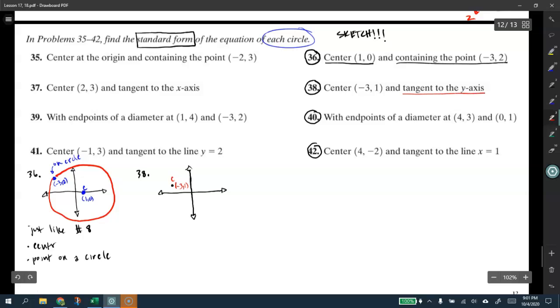All right, so I just want to spend some time talking about what it means when a circle is tangent to the y-axis. What we notice is the y-axis is right over here. Think of a tire when it touches the road: the tire is only touching the road at one point. So if this is a road, then the tire touches the road right at one point.